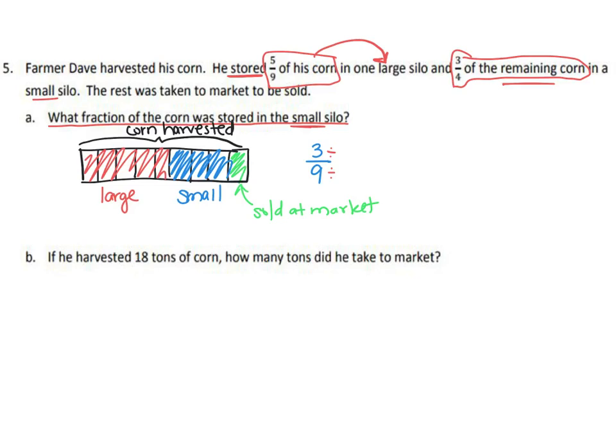Of course we can. We can divide both 3 and 9 by 3. 3 divided by 3 is 1. 9 divided by 3 is 3. 1/3. Write your answer for what fraction of the corn was stored in the small silo. Write it here.